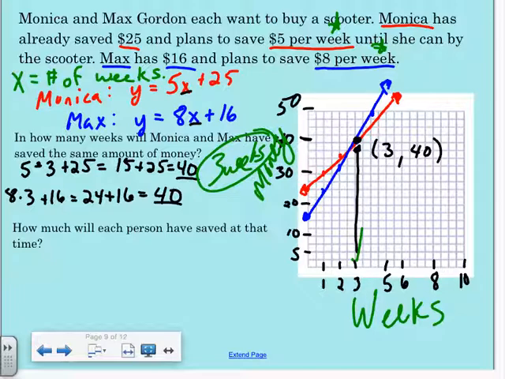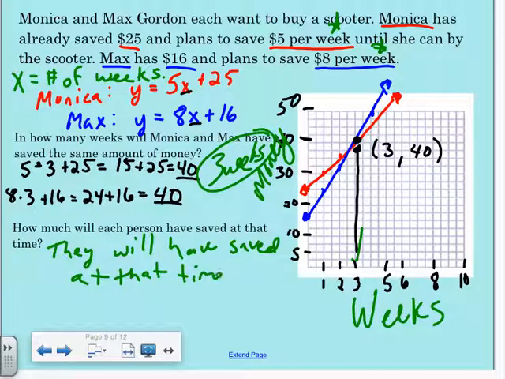All right, then how much will each person have saved at that time? They will have saved at that time $40.